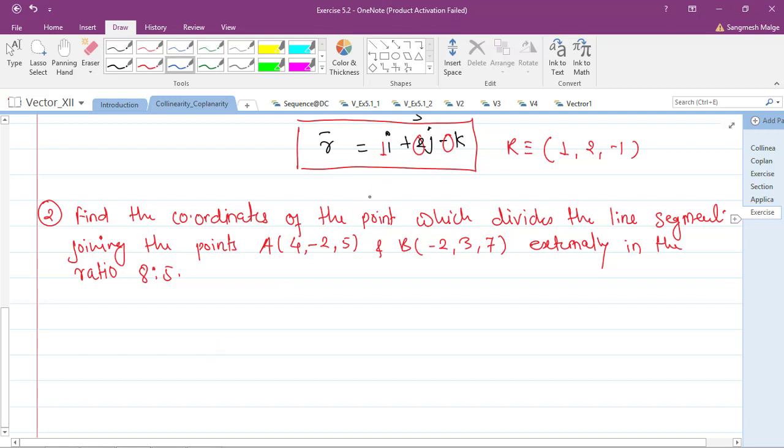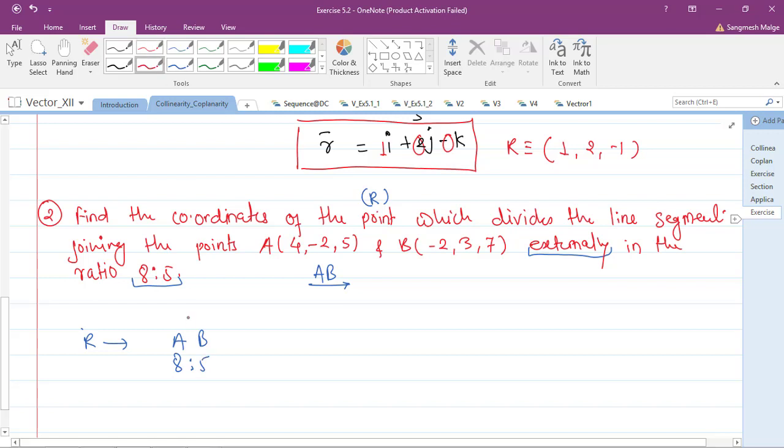Suppose that point is R, which divides the line segment joining the points A and B. So AB is the line segment, externally is important, and the ratio m:n is 8:5. So we have to find out the coordinates of this point R, which divides the segment AB in the ratio 8:5.